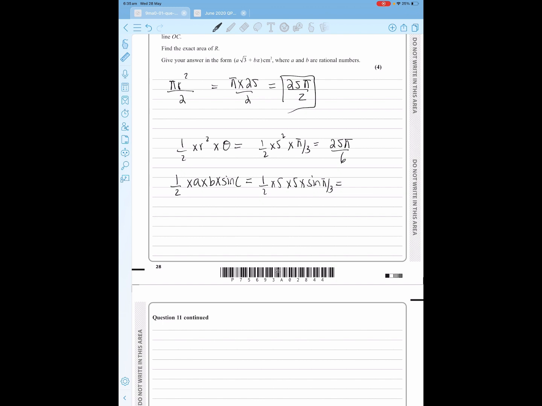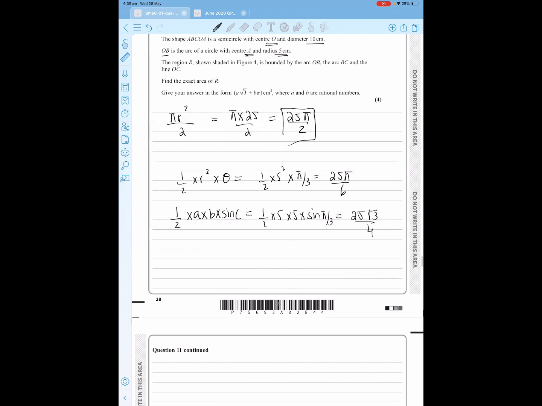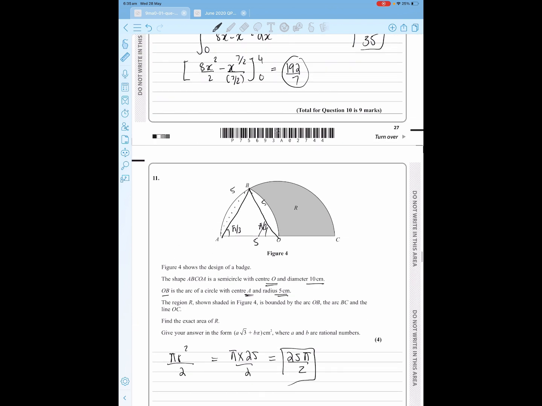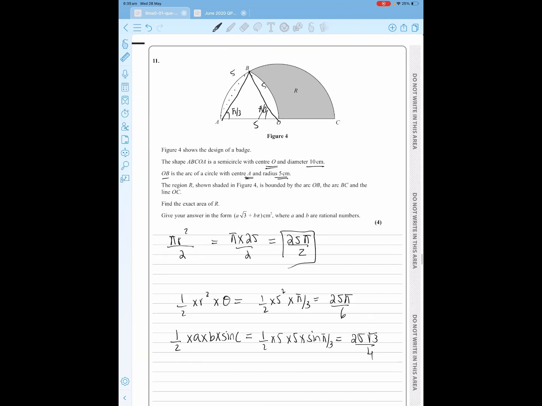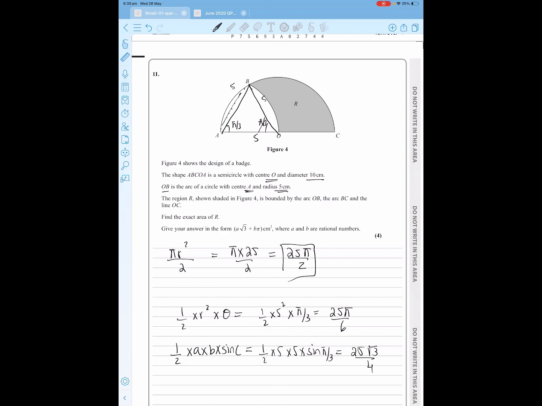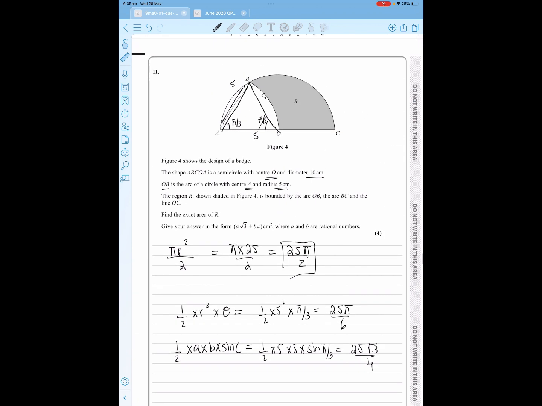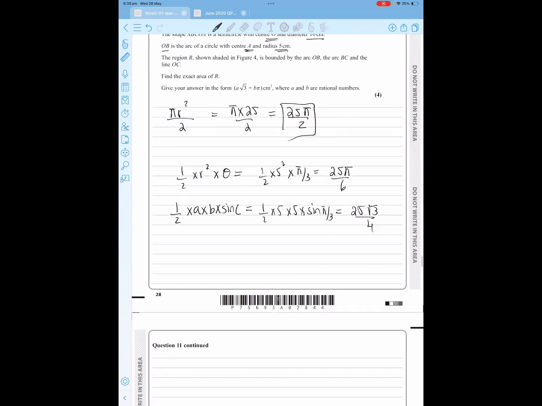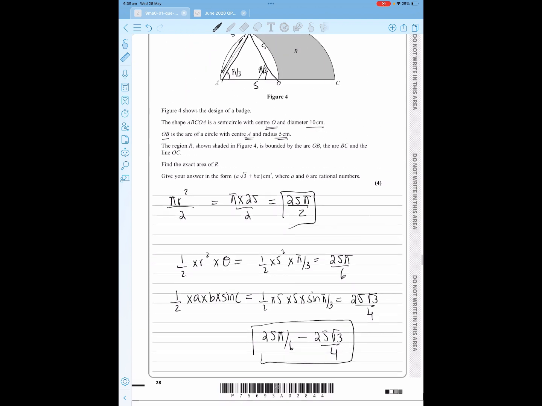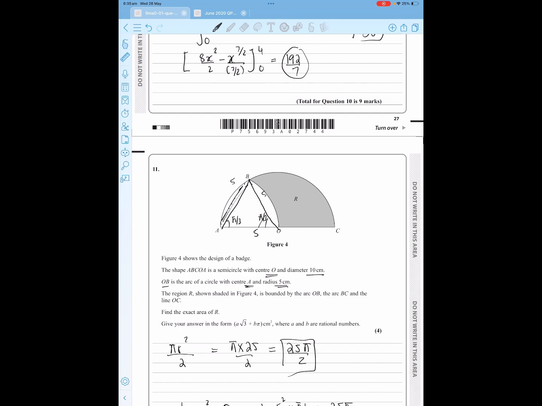You would get 25 root 3 over 4, and that is the area of your triangle. We need to minus that from the entire sector to get this piece here. So that piece would be equal to 25 pi over 6 minus 25 root 3 over 4. Let's leave it for now and simplify later.